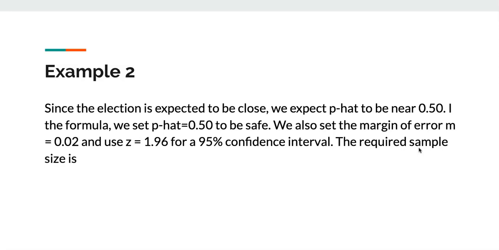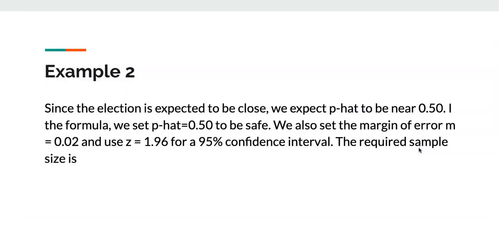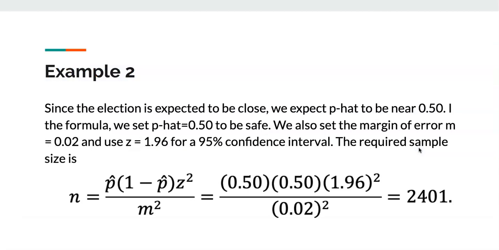We also set the margin of error, m, to be 0.02 and use z equals 1.96 because I still want that 95% confidence interval. So you plug in p hat equals 0.5, m equals 0.02, and z equals 1.96 into that blue formula that we just shared, which is in your notes, and then do the math.